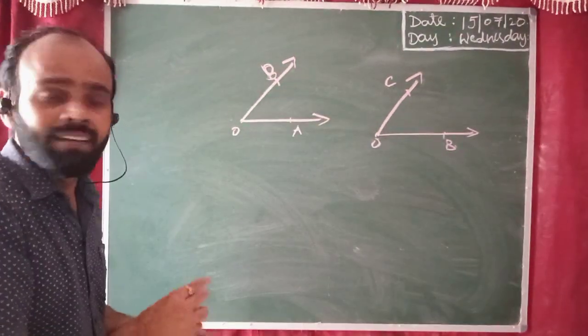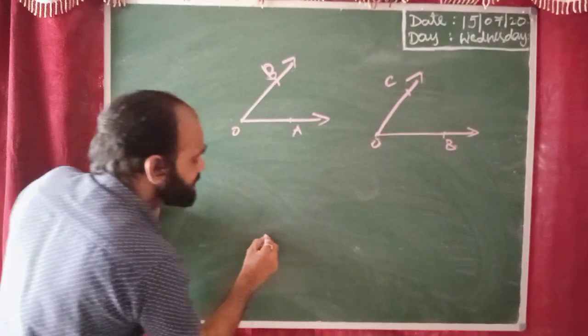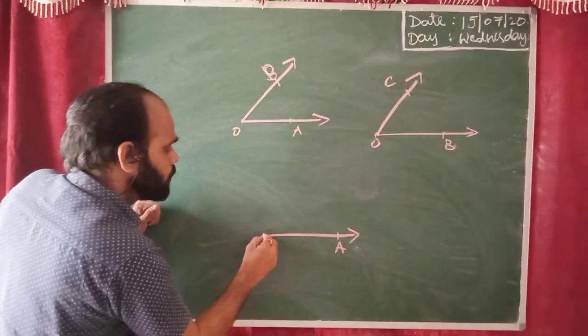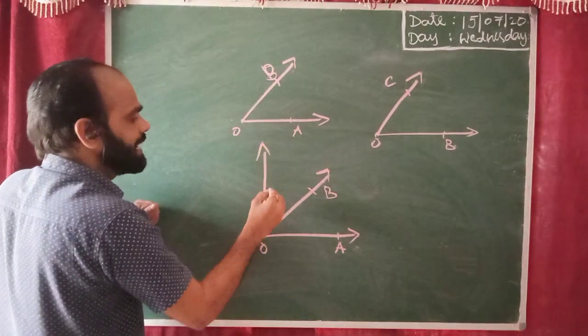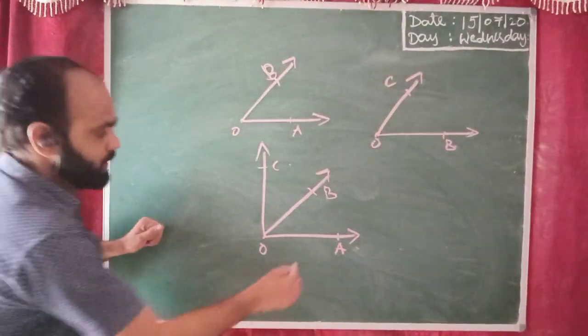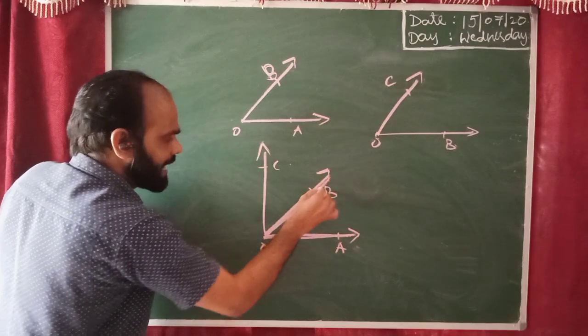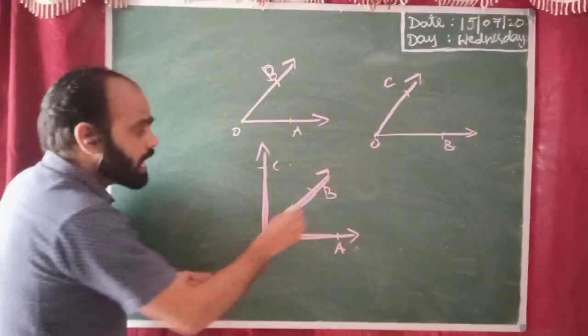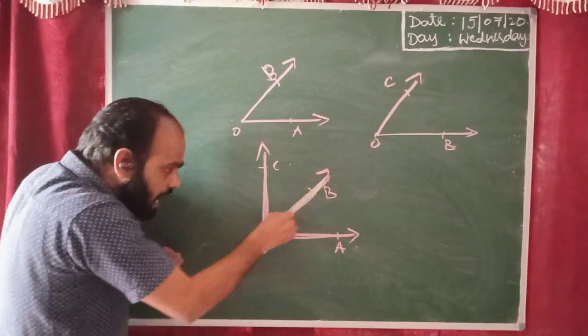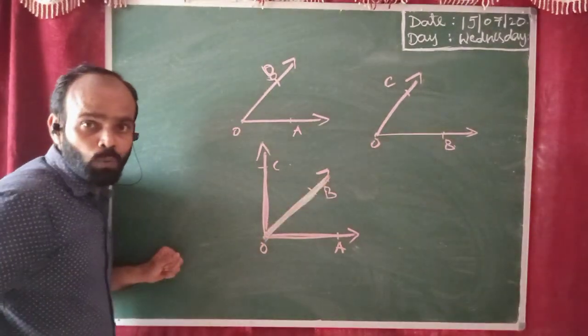So AOB is one angle, BOC is another angle, and you can see there is a common arm for these two.